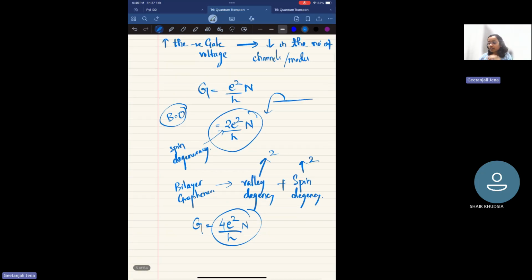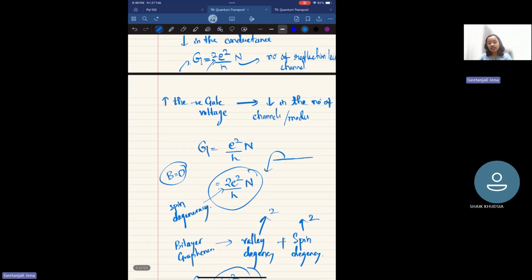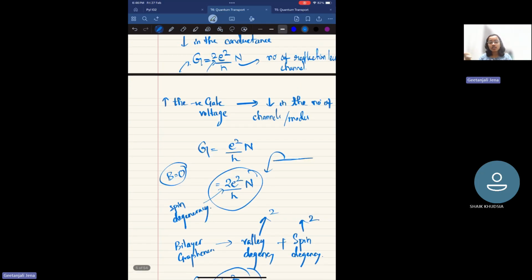So the overall effect of the negative voltage is that it decreases the number of channels available for transport along this constriction. If the number of channels is decreasing, conductance will decrease and the resistance will increase. This decrease in conductance doesn't happen randomly.